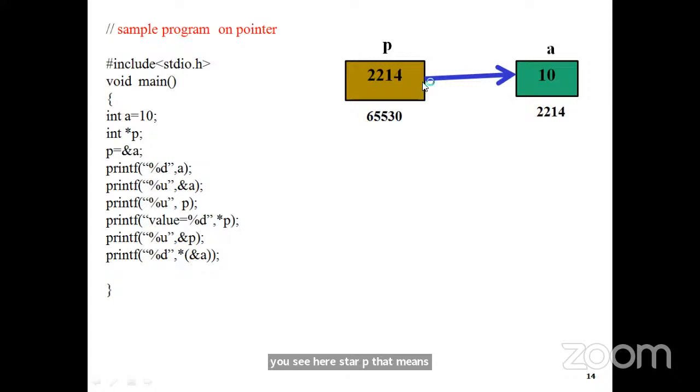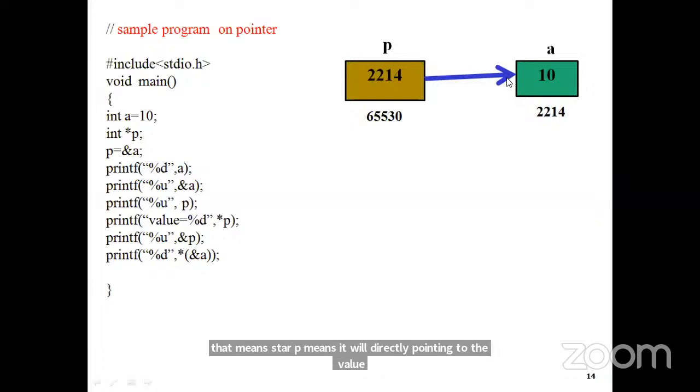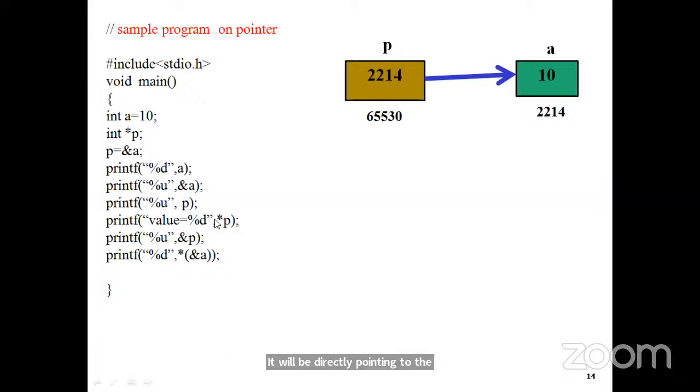Whom is it pointing to? It is pointing to A because we already mentioned address of A. So star P means it will point directly to the value. So whenever there is star P, what does it print? The output is the value 10.